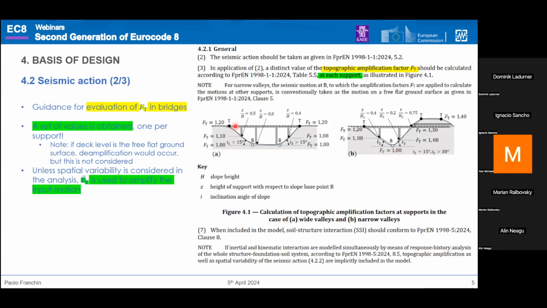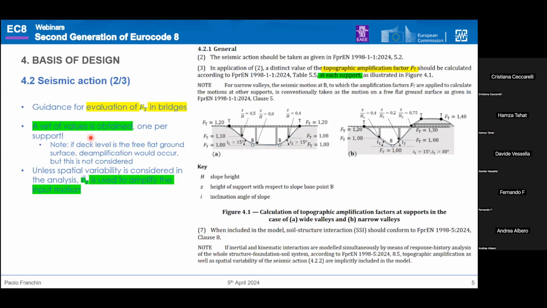And of course, what is important to note here is that since you have different points of contact of the structure at the supports with the ground surface, you will come up with a set of values, a vector of values of F_T, and so you will have differential amplification in different points.